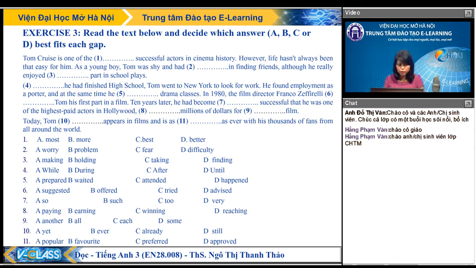Read the information about Tom Cruise and help me find the best answer to fill in each blank here. So I will give you 30 seconds to finish that.